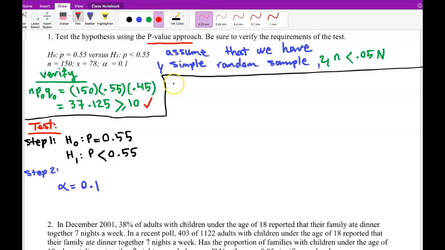Then step 3, we should find the test statistic.